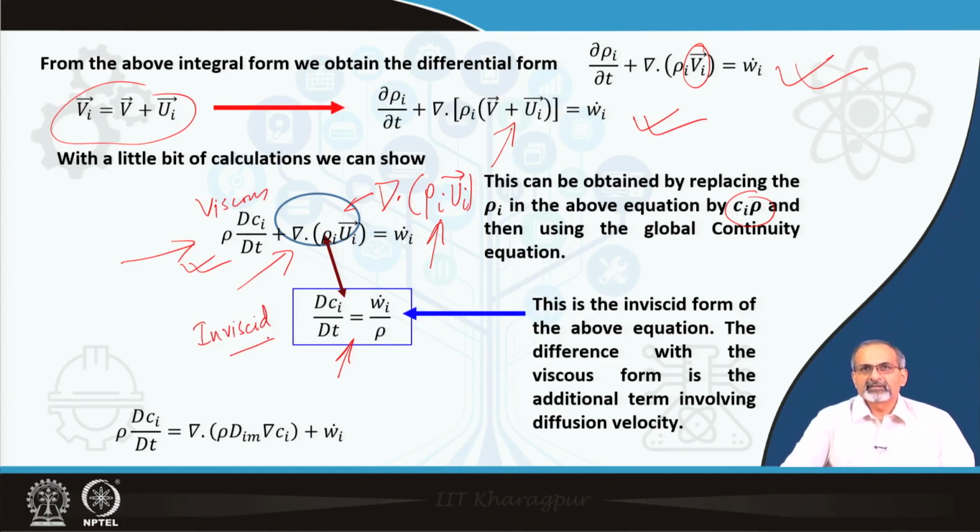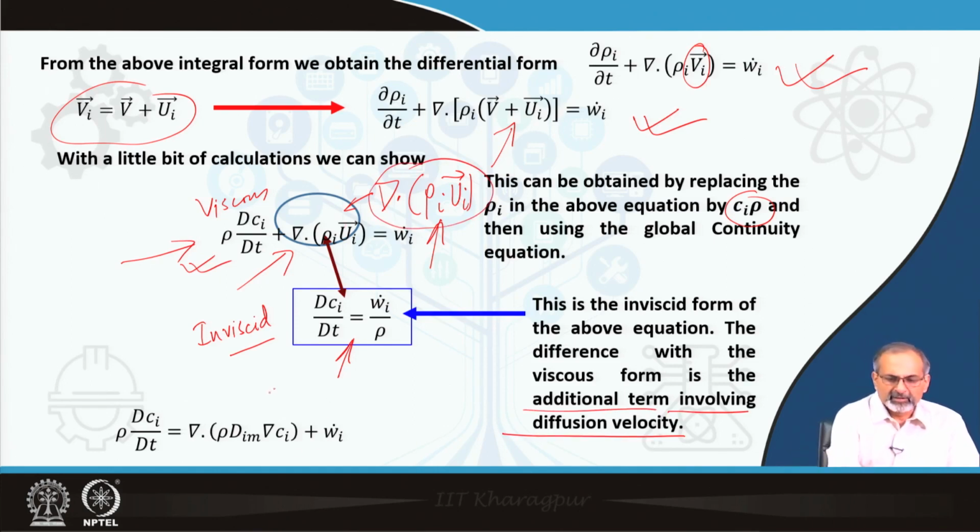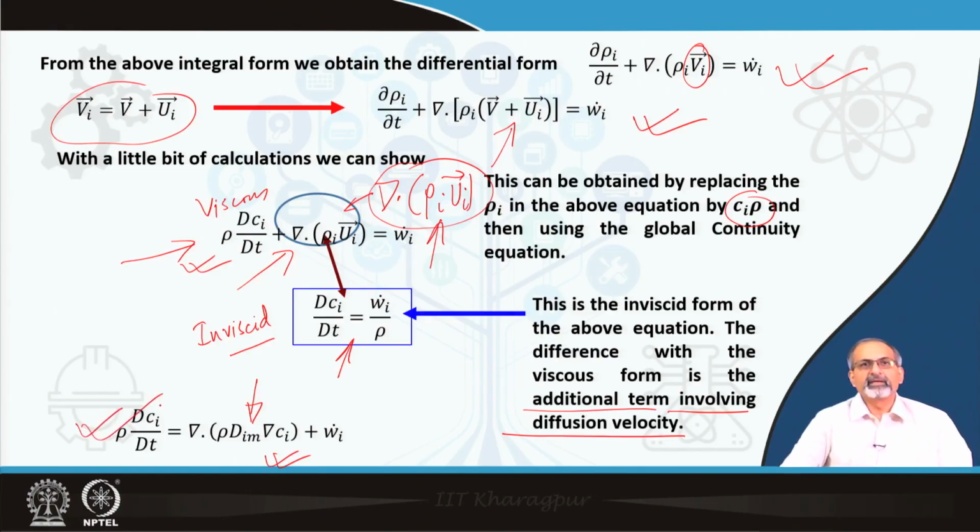The difference between the two is essentially the additional term involving diffusion velocity, which we have already taken note of. And then that diffusion velocity term can be further replaced in a form like this by using Fick's law. Therefore, this would be the form we would be interested in if we involve the substantial derivative of C I.